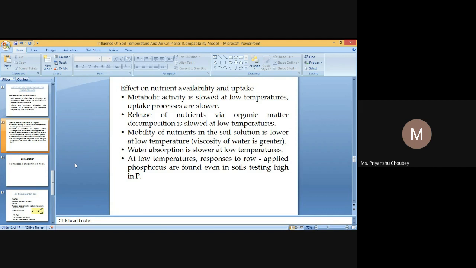Detailed information on these essential nutrients includes the year of their discovery, the name of the discoverer, and average concentration in a plant.